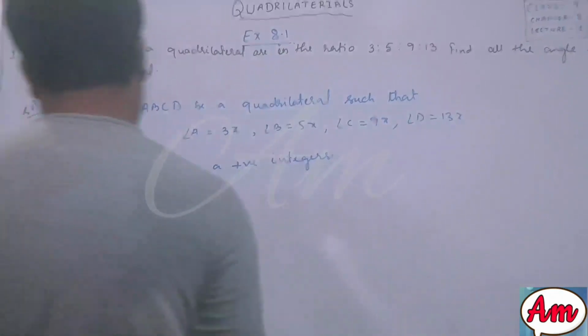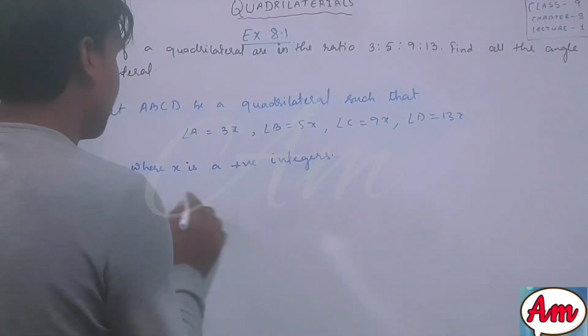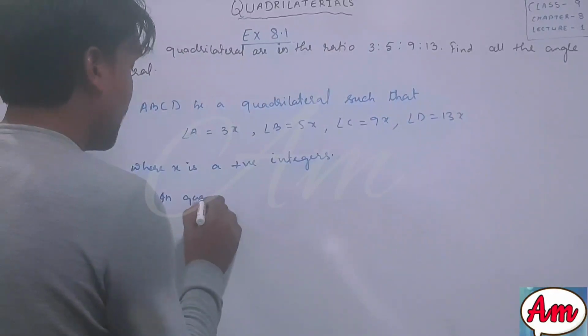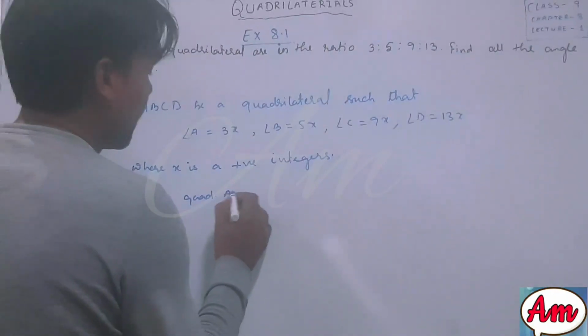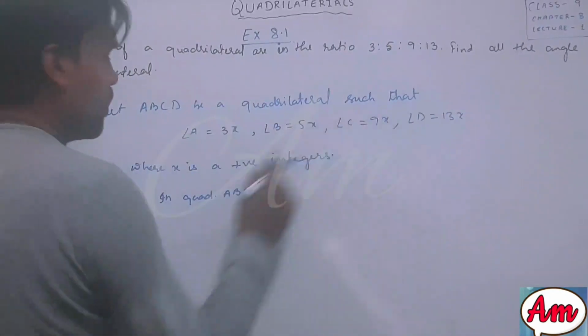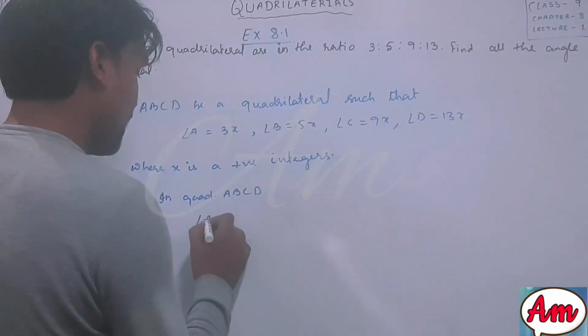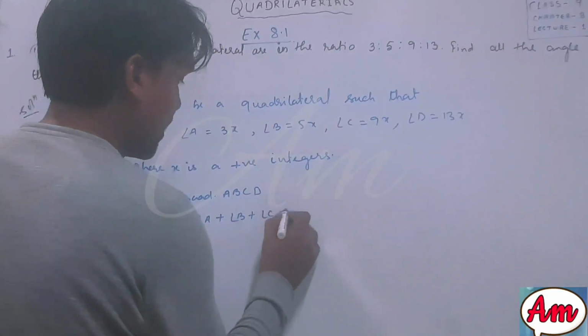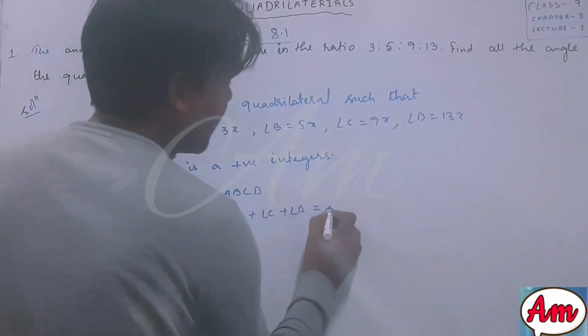After that, what we can do is, in quadrilateral ABCD, we can add up all the angles. So we will write angle A plus angle B plus angle C plus angle D. We have already derived the theorem.